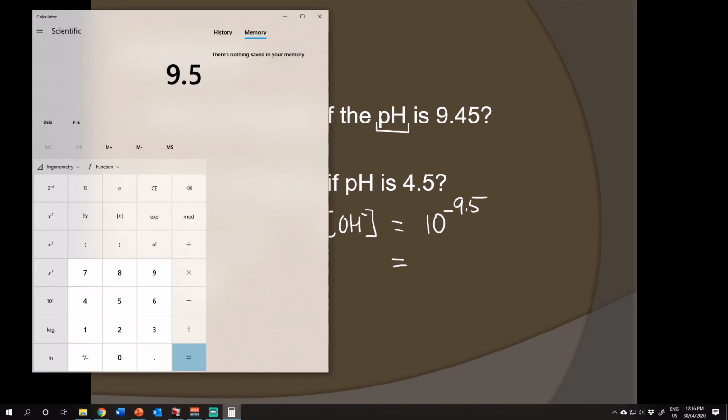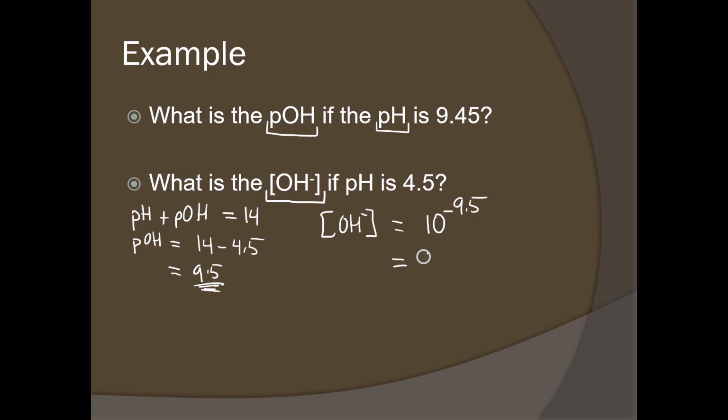So we get an answer of about 3.16 times 10 to the negative 10, although with proper significant figures, 3.2 times 10 to the negative 10. There we go, and that'll be in molarity because it is a concentration. So that's kind of how logarithms work with regards to pH and pOH.